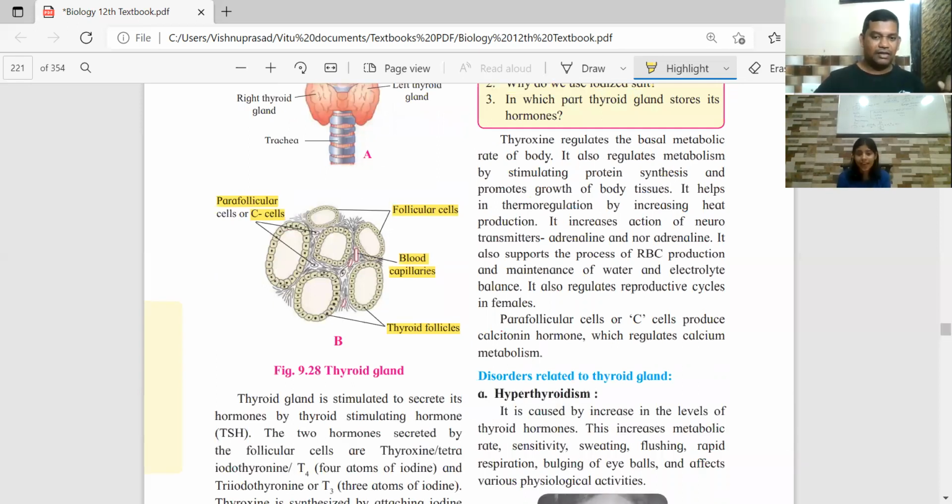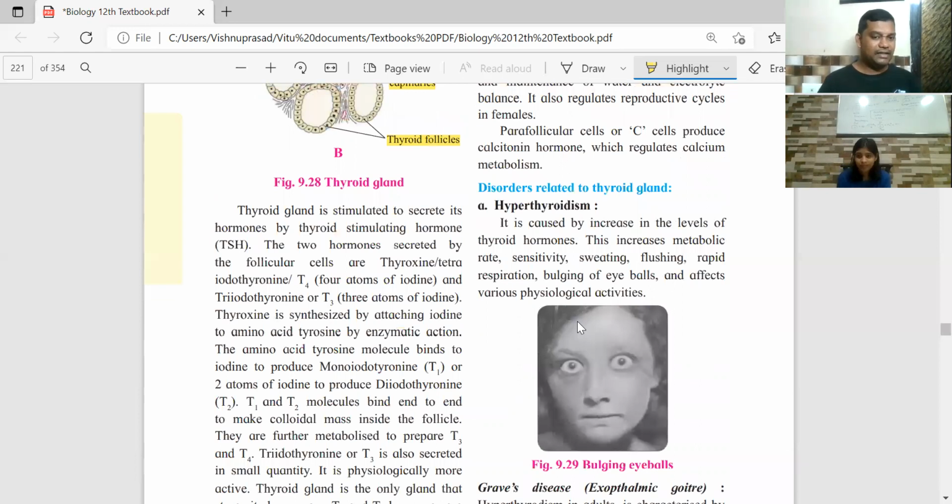When you talk about the thyroid gland, there are basically three hormones which are produced by the thyroid. Now, from the pituitary, you know very well there was a hormone called TSH, thyroid stimulating hormone.